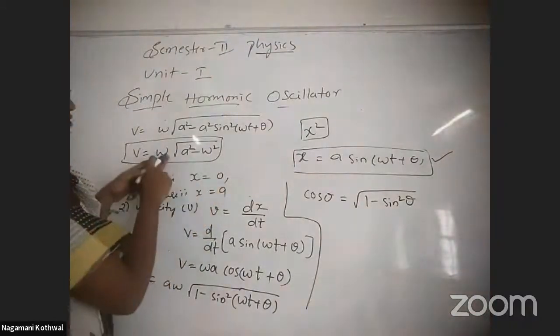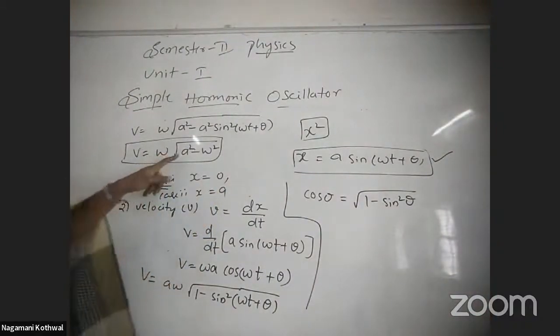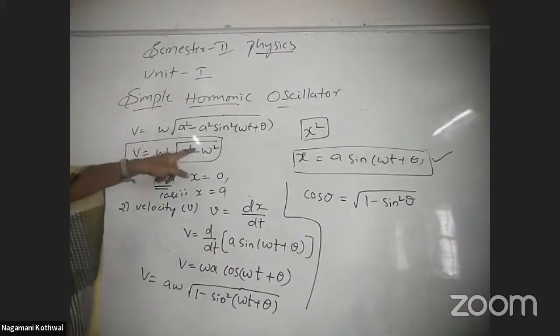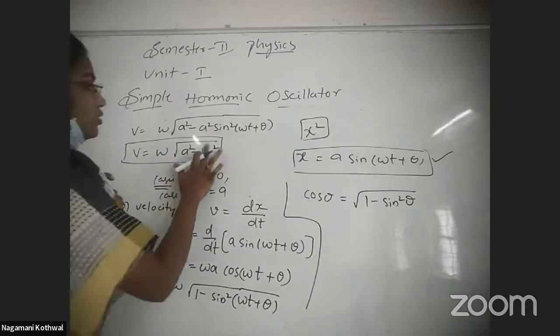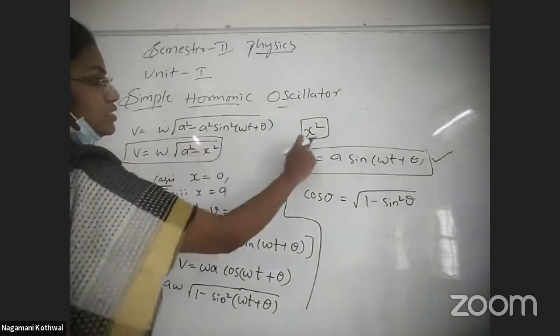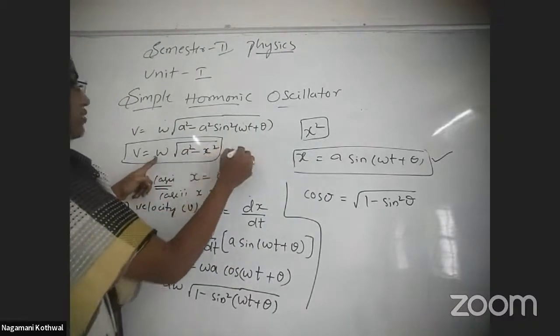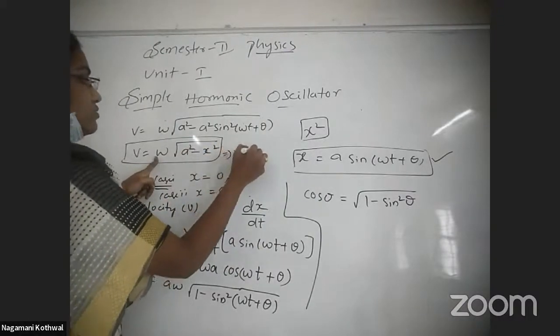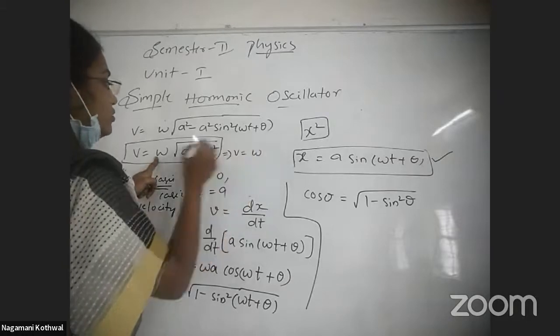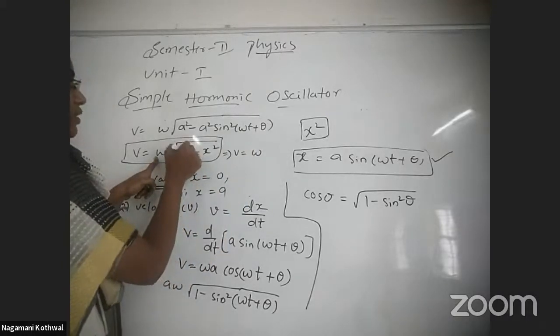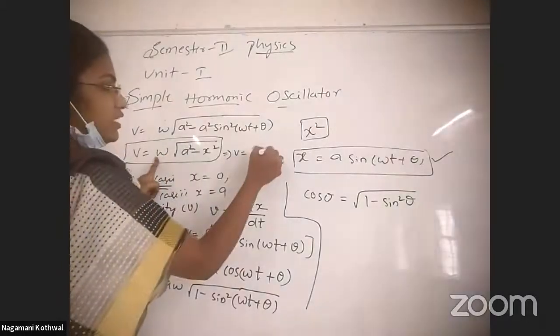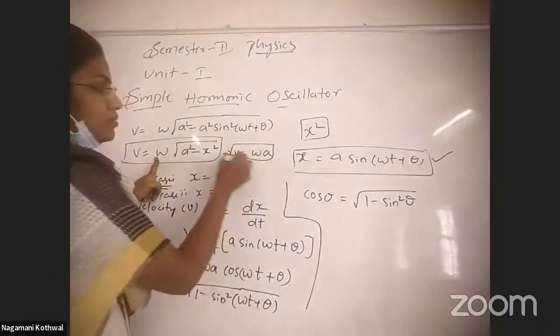If you substitute x equals 0, the a square root gets cancelled and v equals omega into a.